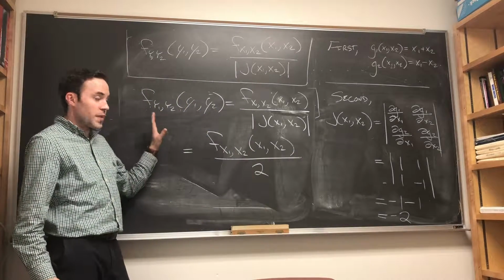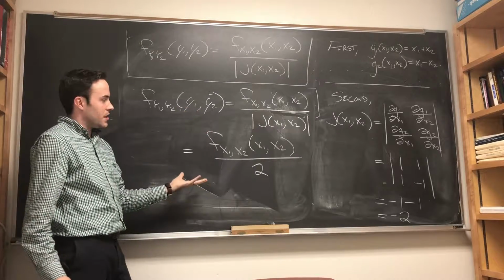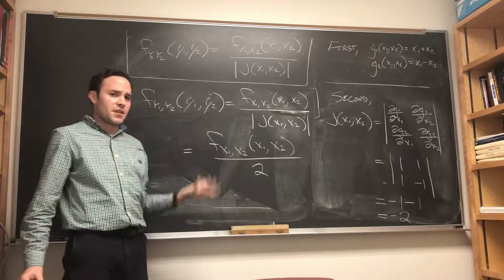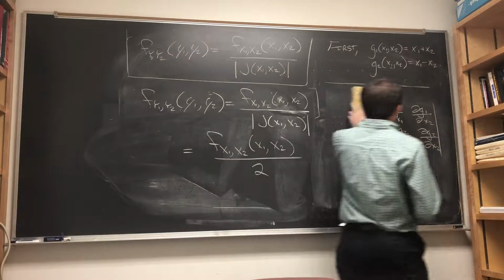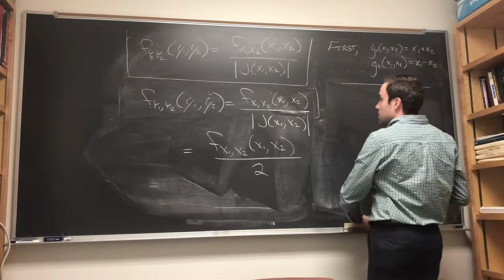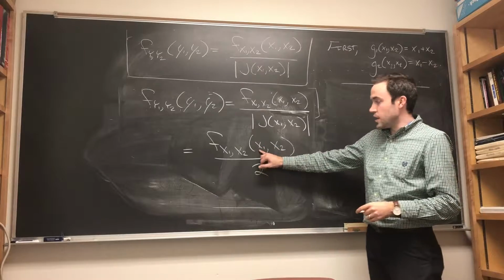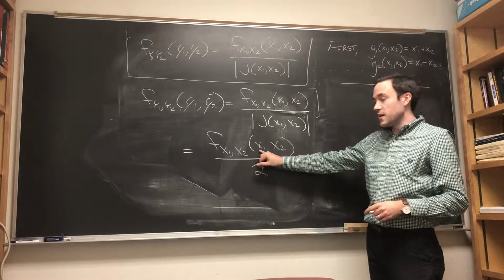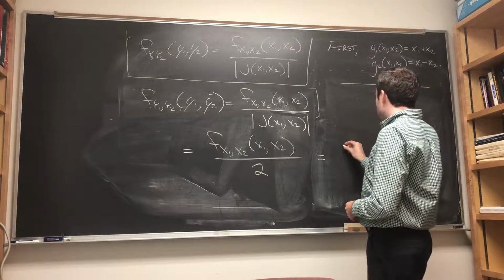Now, you might say to yourself, this doesn't make a lot of sense, because the left-hand side depends on y1 and y2. The right-hand side depends on x1 and x2. So, how do we make this nice and consistent? Well, we use the fact that we know what x1 is in terms of y1 and y2, and we know what x2 is in terms of y1 and y2.